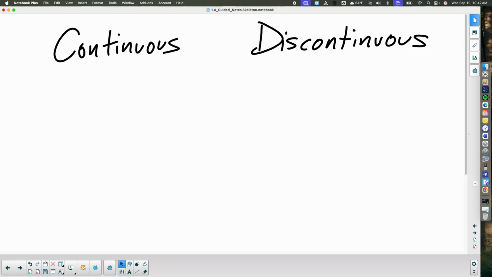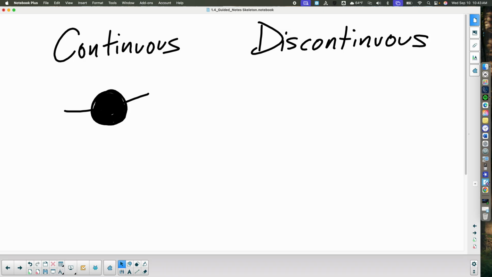Because continuous functions are the easiest to find answers from. So a continuous function, if we pretend we are super zoomed in on a location. So let's pretend this is a filled in circle and this is extraordinarily zoomed in.